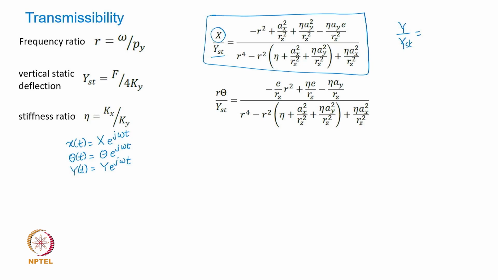If you can't tell me this, then it's a serious problem, isn't it? Simple, because there is no damping, zeta does not come in the picture. So this is what y will be, and then this is what theta will be.